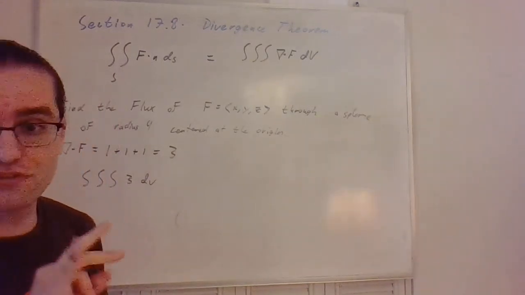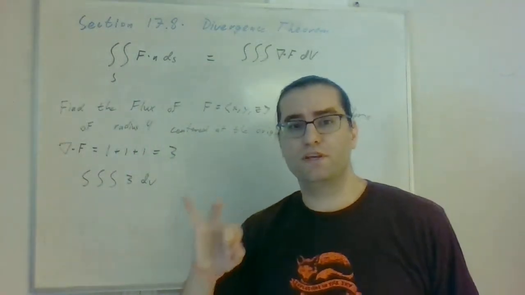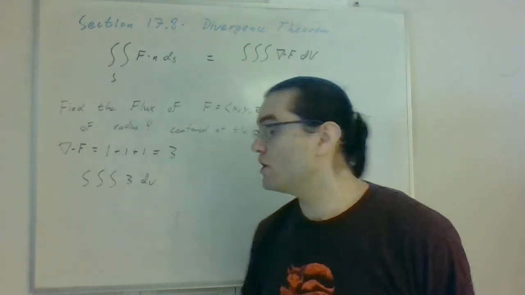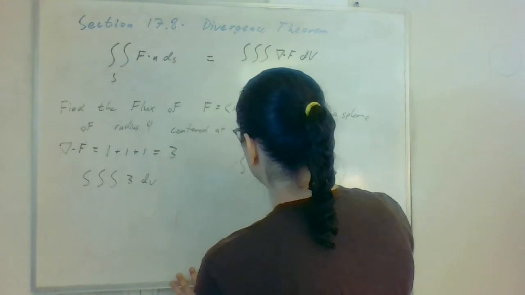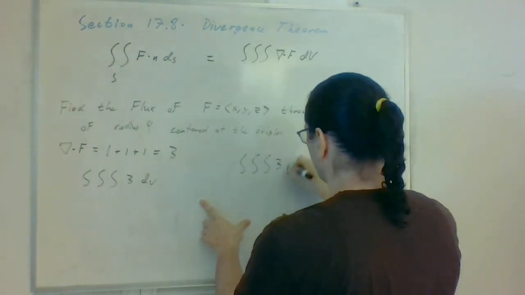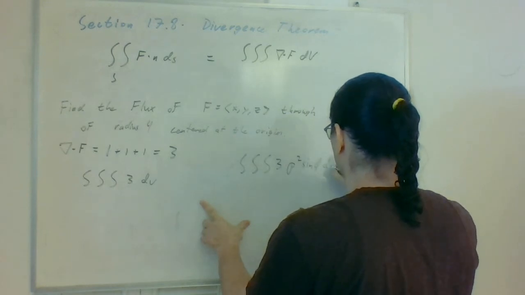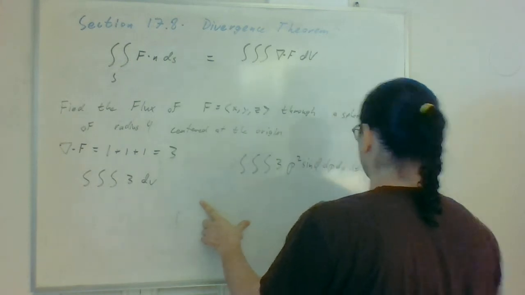Now there are two ways we could do this. If you really enjoyed doing triple integrals in spherical coordinates, we could set this whole thing up. This is going to be the triple integral. The function we're integrating is 3, and dv is going to be rho squared sine of phi d rho d phi d theta.